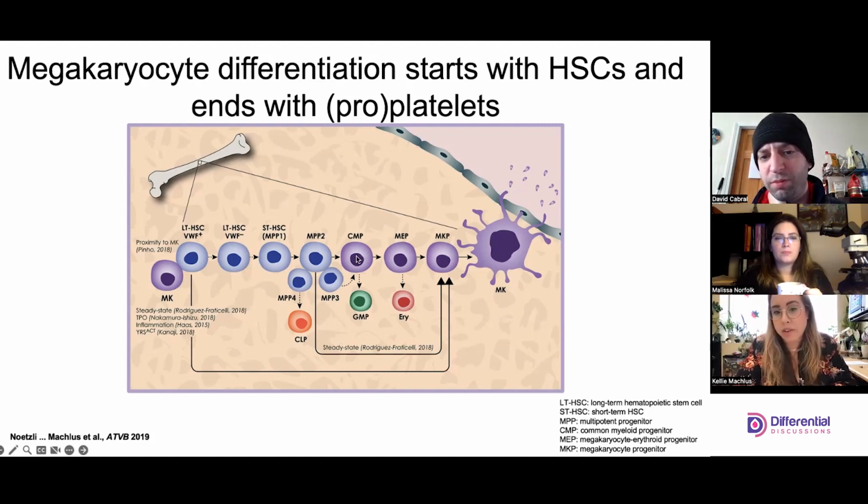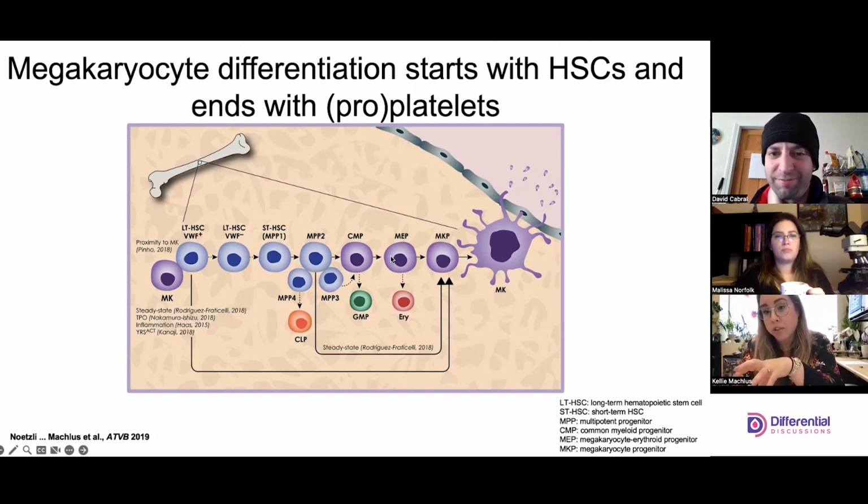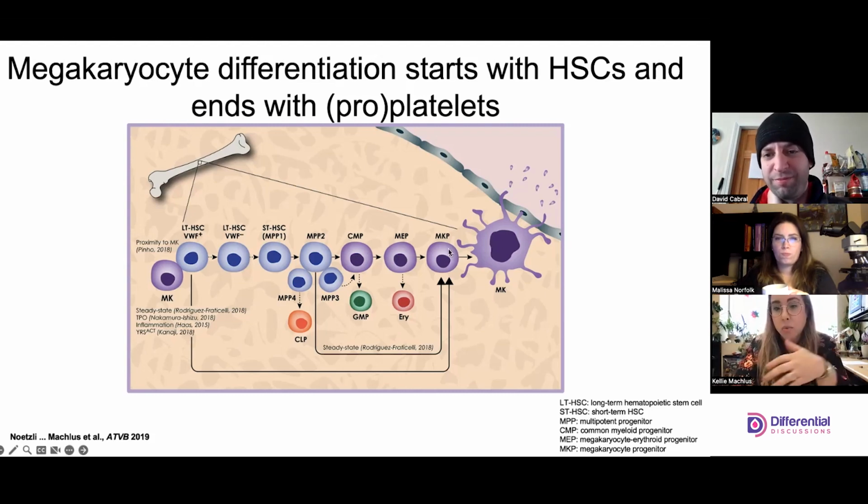And then we have a common myeloid progenitor, so they could become granulocytes and macrophages or megaerythroids. Then we go to the MEPs, which could only become megakaryocytes or erythroids. And then we get to the meg progenitors, which are basically just immature megakaryocytes. And then we get to the megakaryocytes.